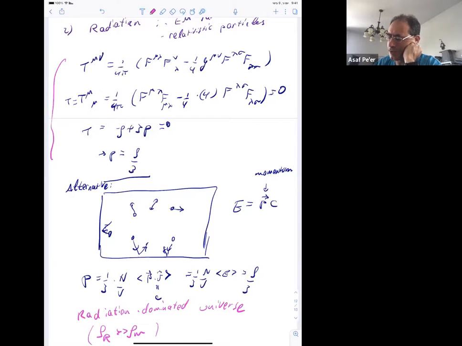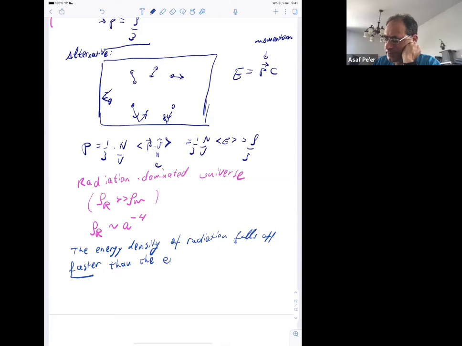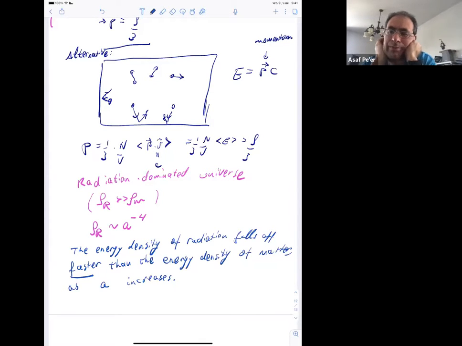Okay, now where we are. So the energy density of the radiation, when a is increasing, falls off faster than the energy density of matter. So physically, why does this happen?